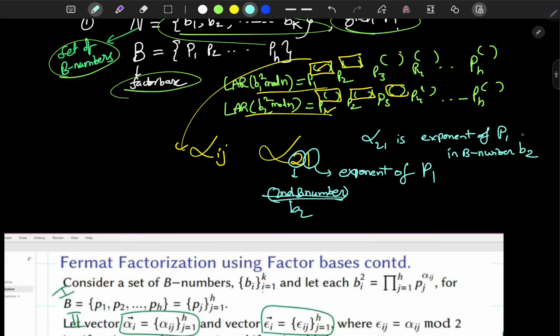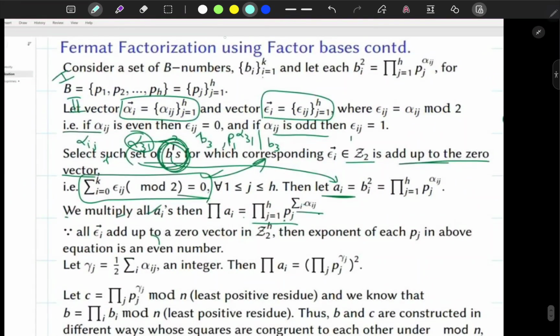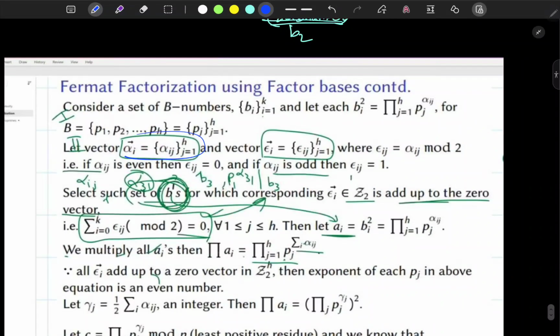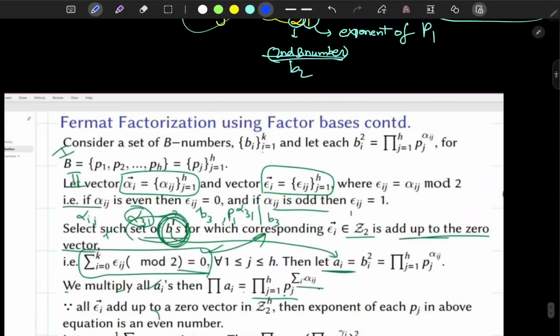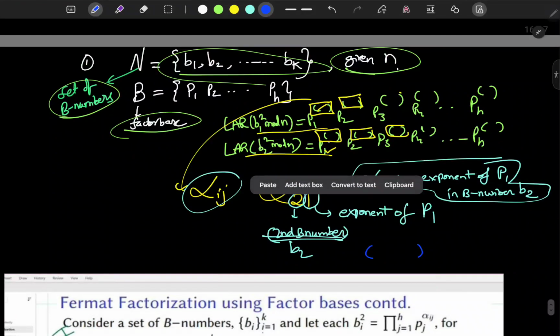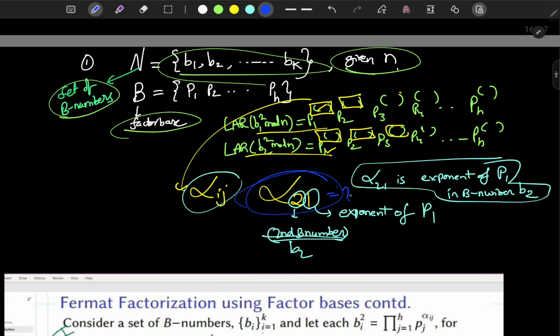Samjha, you understand my point, what I mean to say? This is how we are defining it. Alpha ij is very simple: the first index denotes the B number, and the second denotes which factor base prime's exponent this value is in that particular B number.